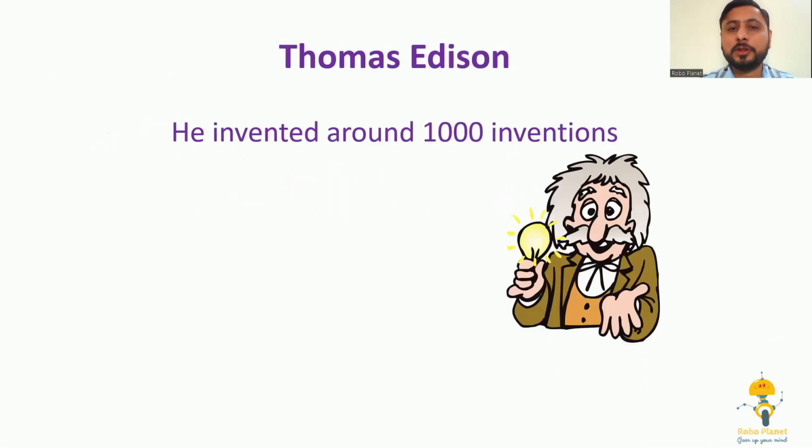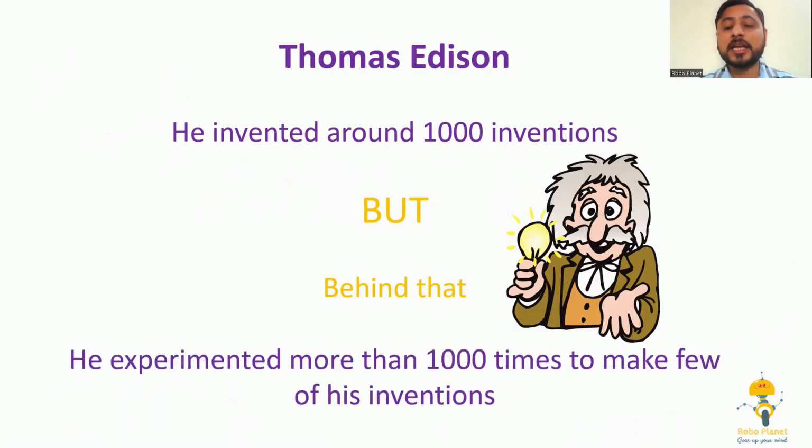You know, Thomas Edison invented around 1000 patents or inventions, right? In previous sessions, I taught you that Thomas Edison is the world renowned inventor who invented more than 1000 inventions. But behind that, what happens? He experimented more than 1000 times to make a few of his inventions.